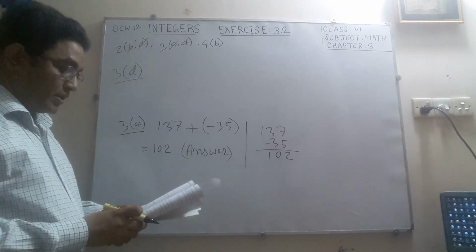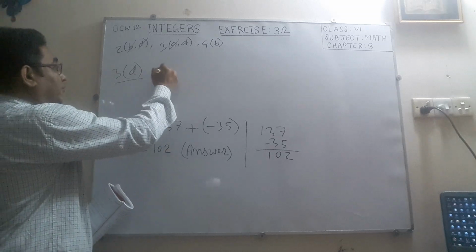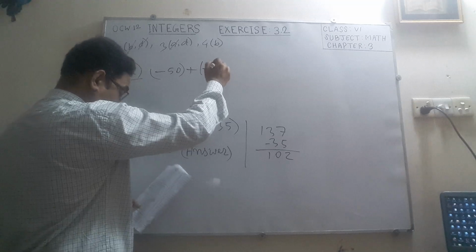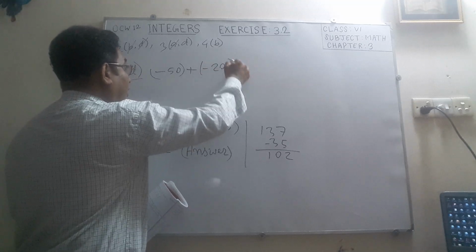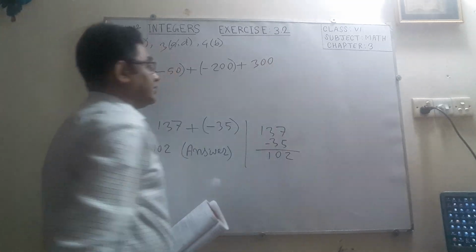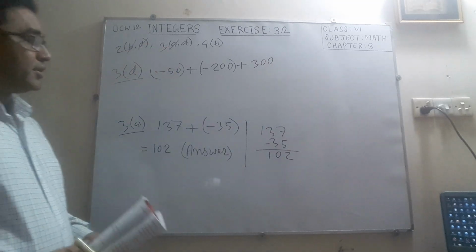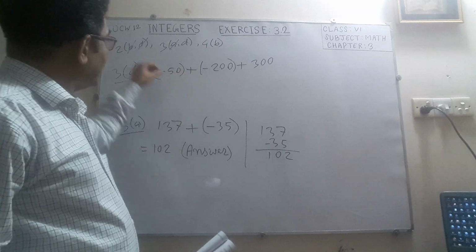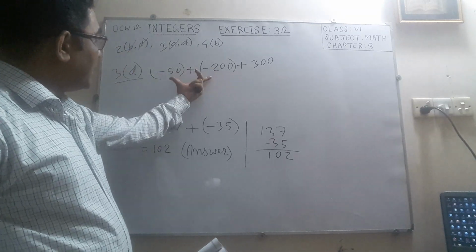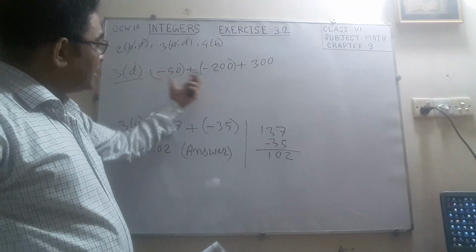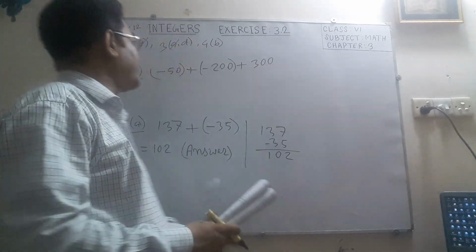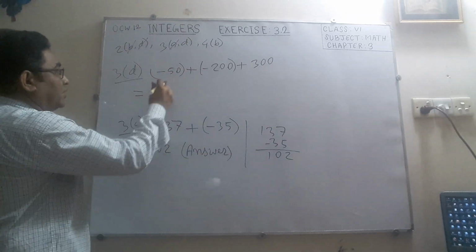Minus 50, minus 200 and 300. So students, if you take a glance here, 50 with minus sign, 200 with minus sign. So we have to add these two separately, and this 300 with plus we have to keep separate.